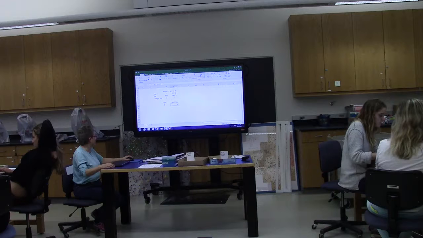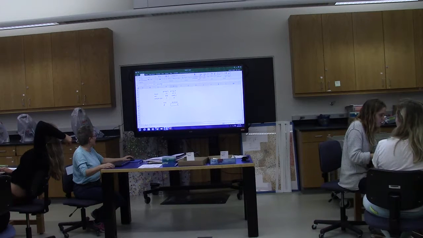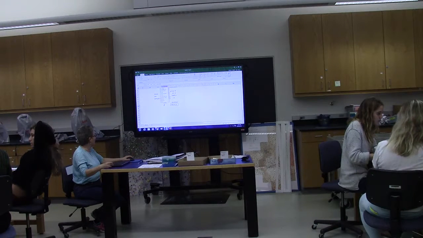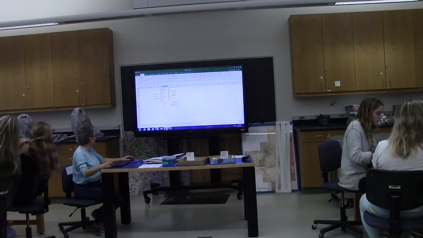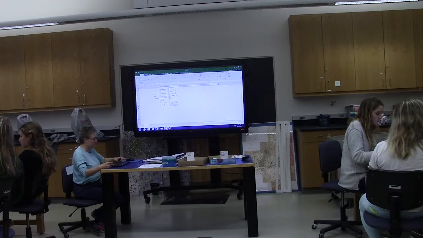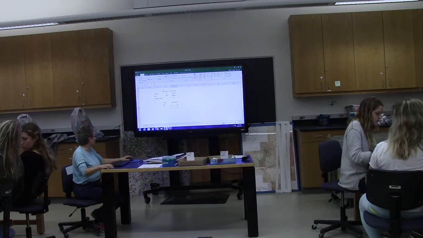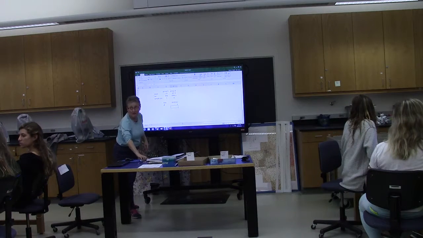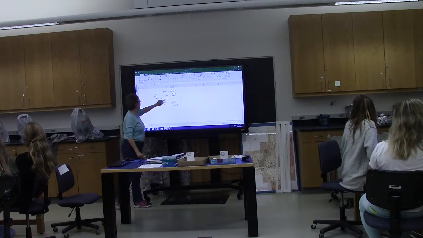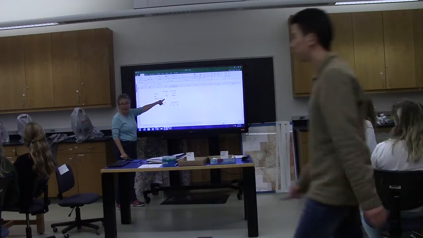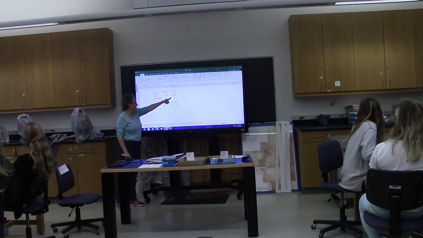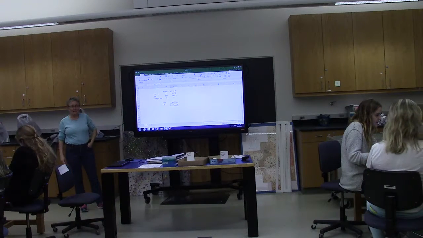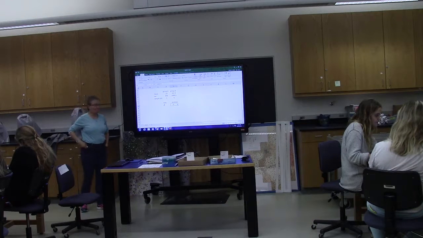Well, that's not right. So what this is, the sample size from group A plus the sample size from group B minus 2. That's my degrees of freedom for the t-test.